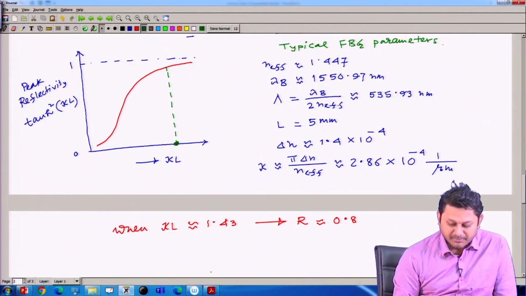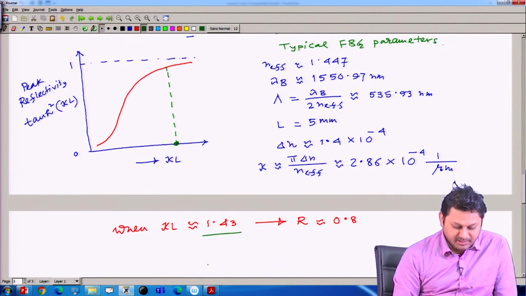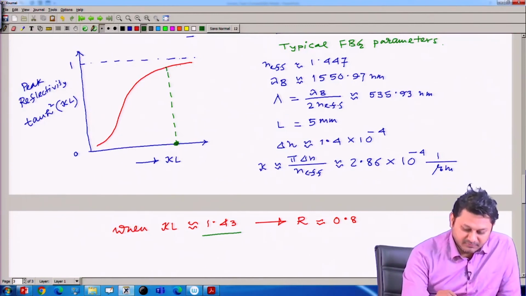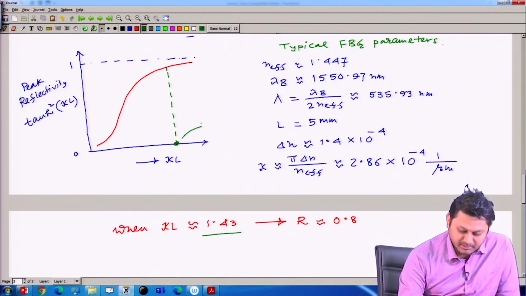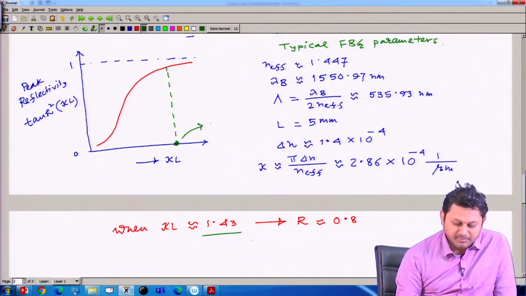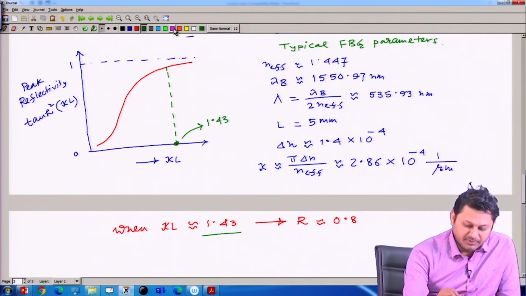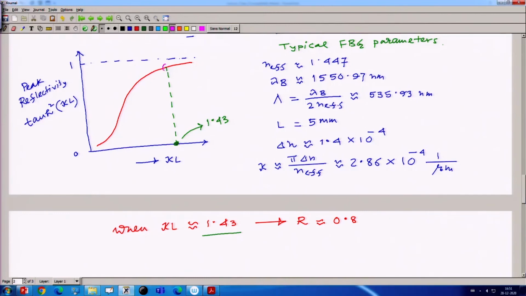So, when kappa multiplied by L is around 1.43, that leads to a reflectivity of about 0.8.